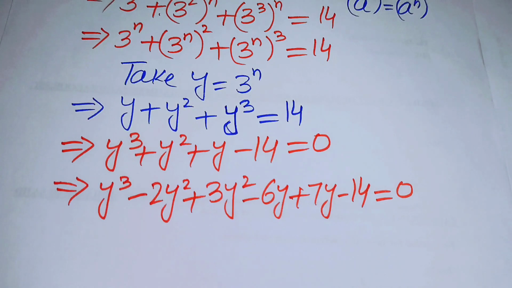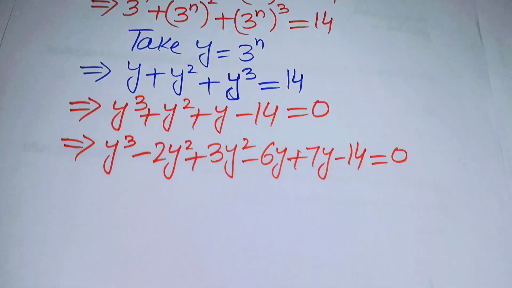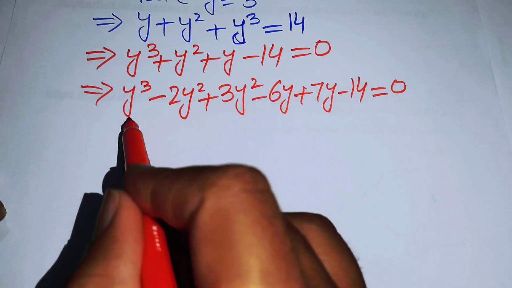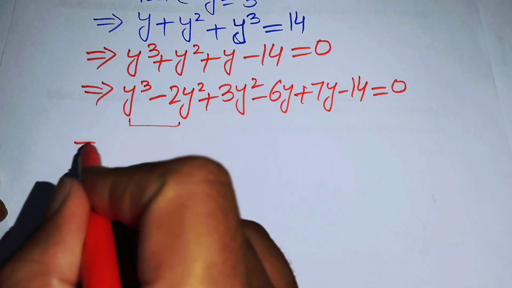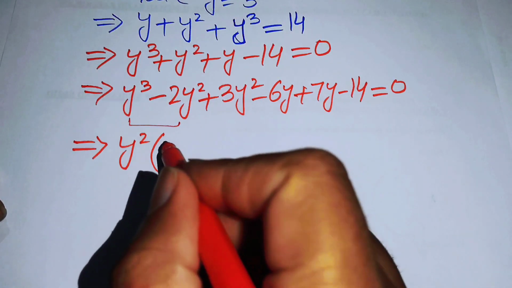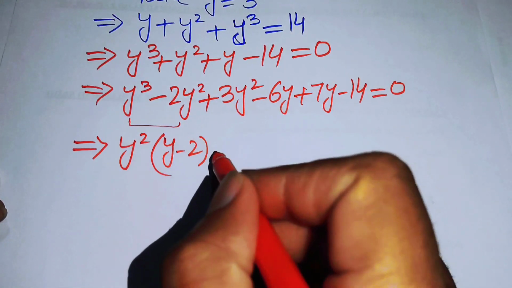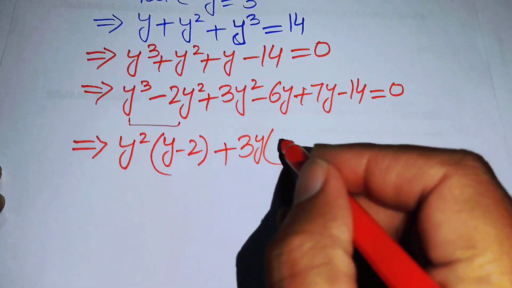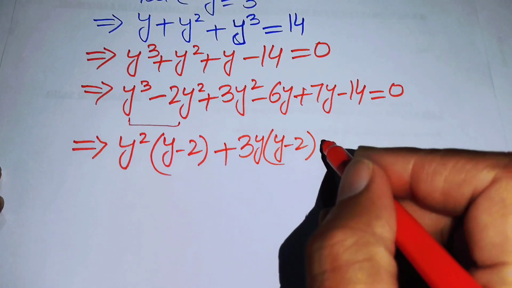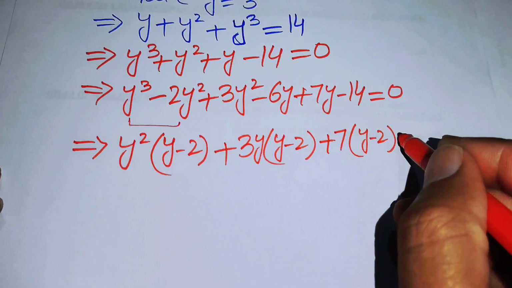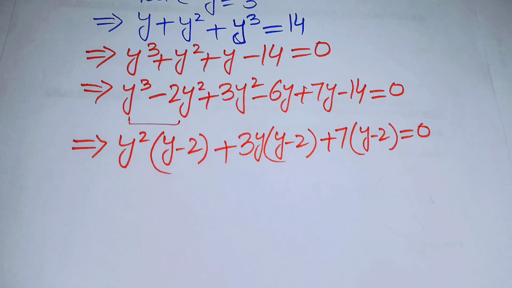In this way we will find the factors of this cubic equation. First we take common y squared on these two terms, and you will get y squared into y minus 2, and plus we take common 3y and we get y minus 2, and we take common plus 7 and we get y minus 2 is equal to 0.